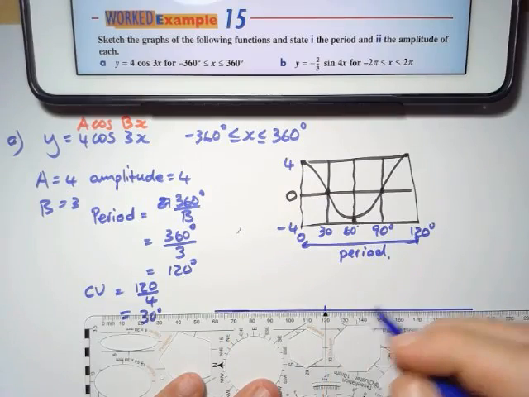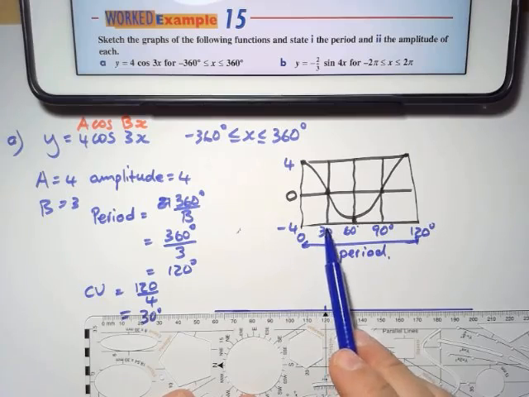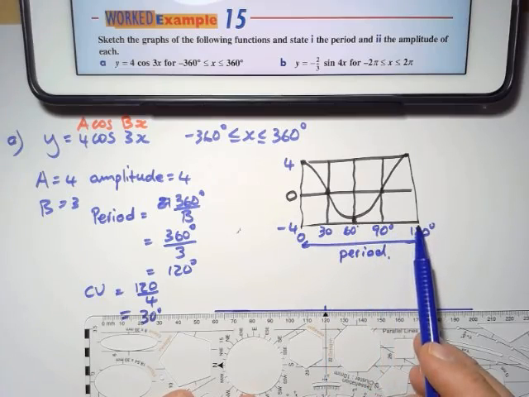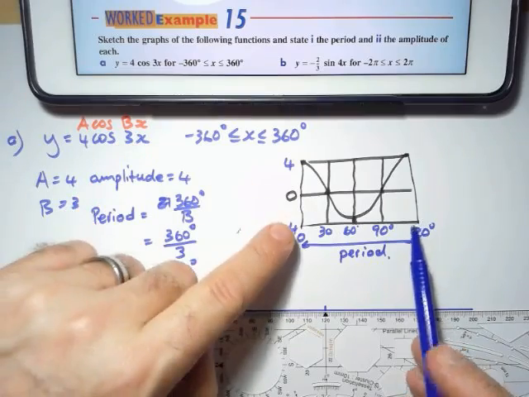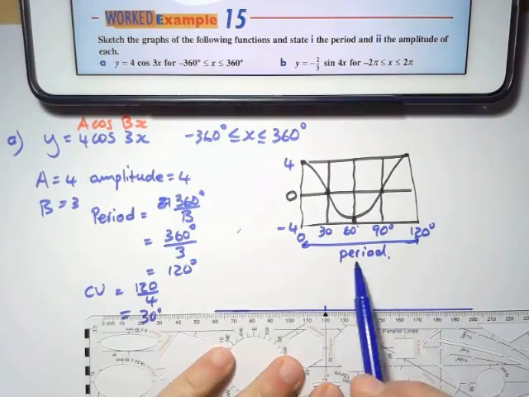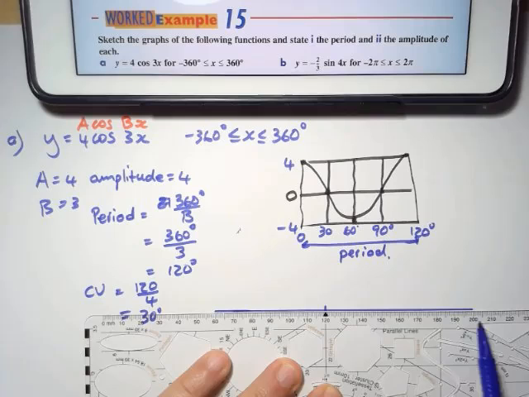I'm going to start at 0 and I'm going to say we need to go to 360. So I'm going to have 1, 2, 3, 4. That is for one graph. There's going to be 3 of them. So it's going to go 4 in that direction, 4 in that direction, which makes it 12 centimeters and 12 centimeters, which is a little bit much for me.